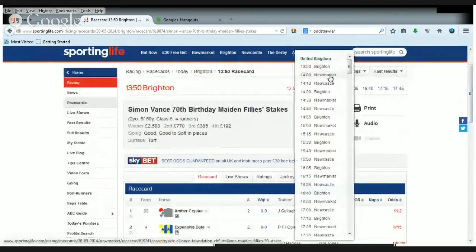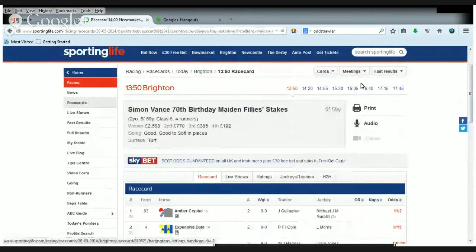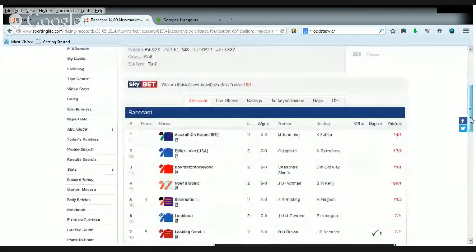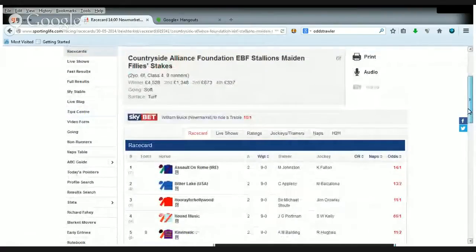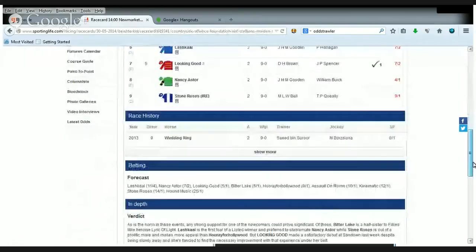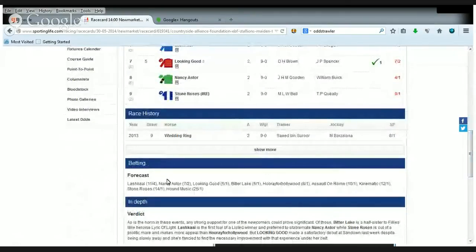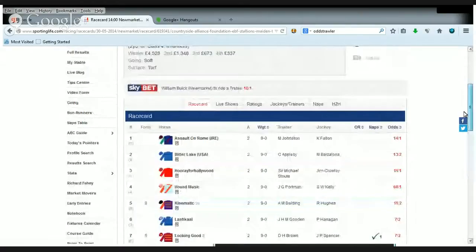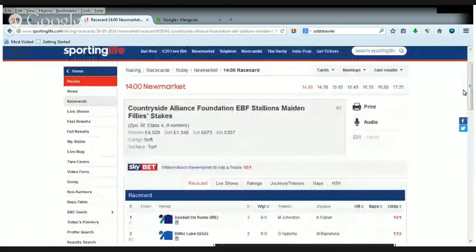So we're looking then at the 2 o'clock. As you can see, there are 9 runners, and that's got the forecast, so we can do it here. When it shows the forecast, we can do a little check on the paper to see if it's changed. The new market, 2 o'clock.